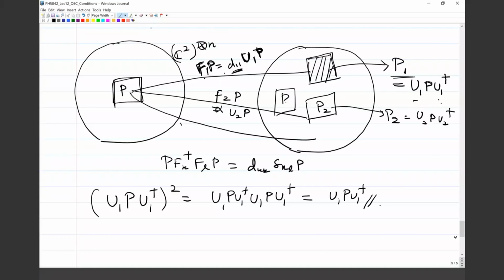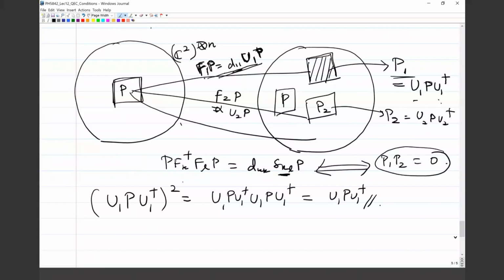What the error correction conditions guarantee is, first of all, that F1 is proportional to a unitary U1 on P. And secondly, these different projectors P1 and P2 are orthogonal. They do not have any overlap because of this delta_kl that's sitting here.